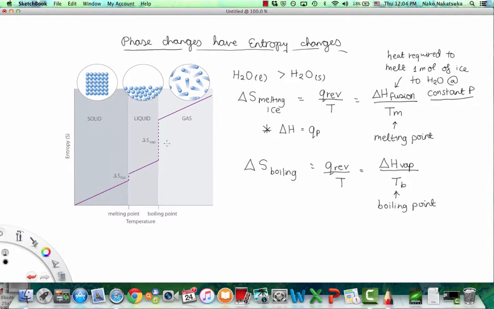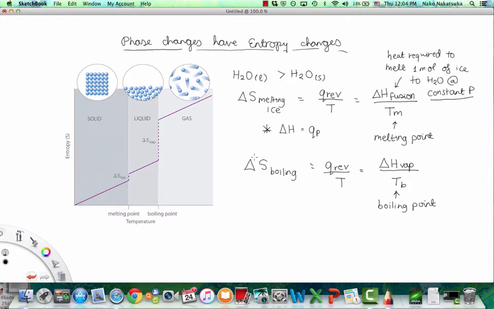And so, as you can see here, the delta S of fusion is from going from a solid to a liquid. The delta S of vaporization is going from a liquid to a gas. The magnitude of this delta S value depends on the temperature at which heat is being transferred. So the delta H of reaction plays a really important role at low temperatures.